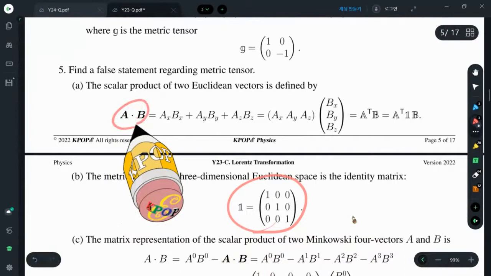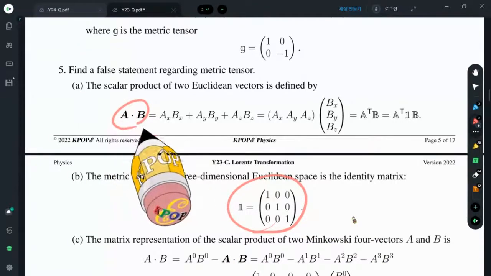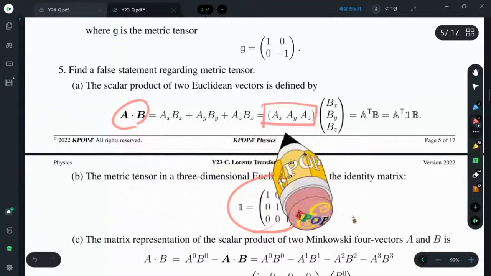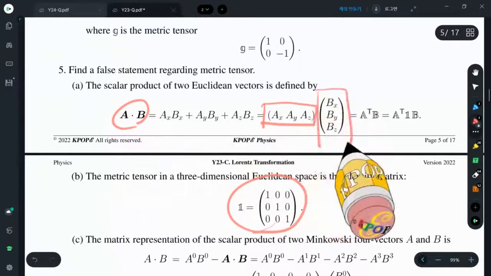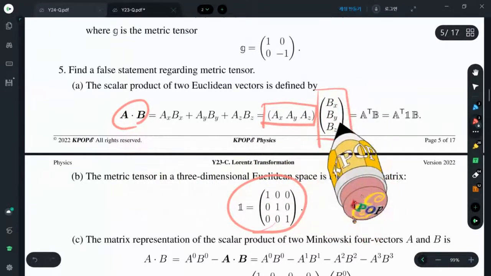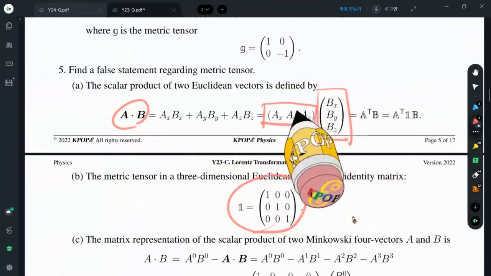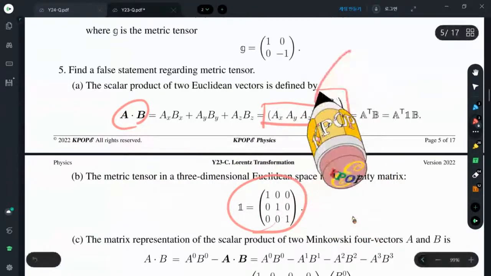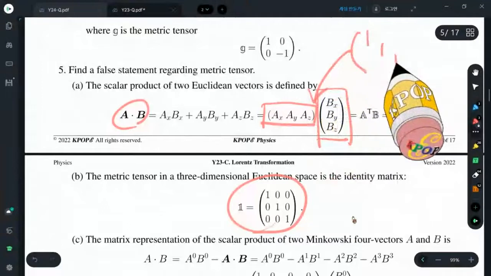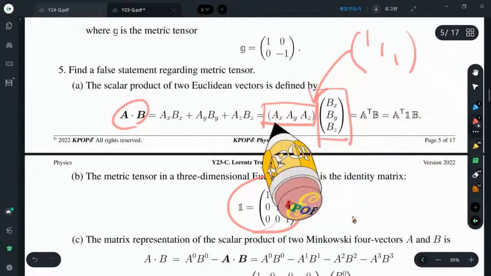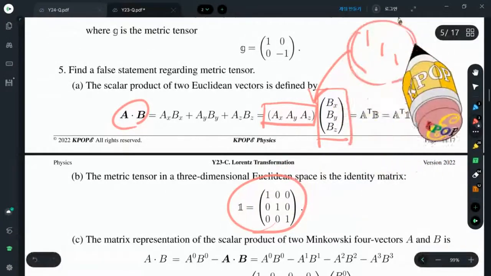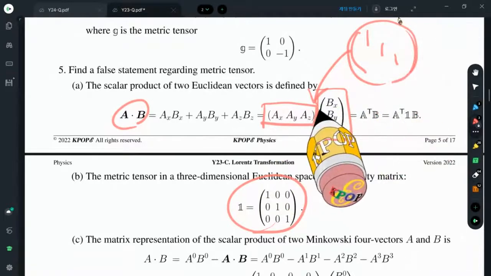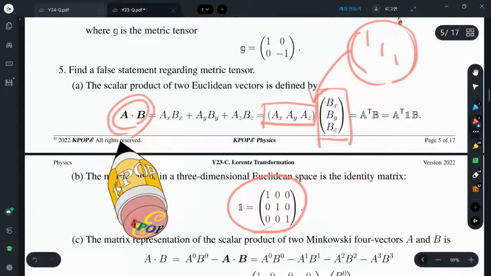When we define the scalar product of the two Euclidean vectors, we put one vector as a transpose and the other vector as a standing up column vector. So row vector and column vector multiply, and substitute identity in between the two. And this identity matrix defines the scalar product in this way.